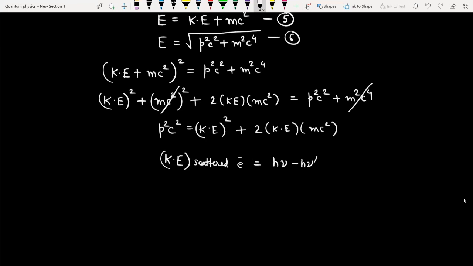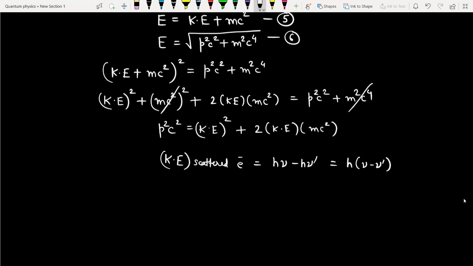You have a photon with some particular energy, that photon strikes the electron and goes off with another energy, which is obviously less than the energy of the incoming photon. So that difference in energy is the kinetic energy of the scattered electron, and this is h mu minus h mu prime. If you take h common, you have h times (mu minus mu prime).